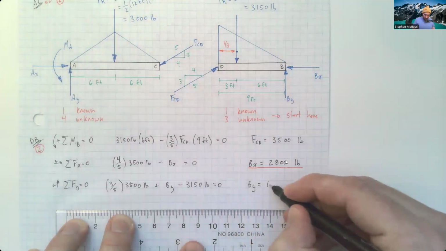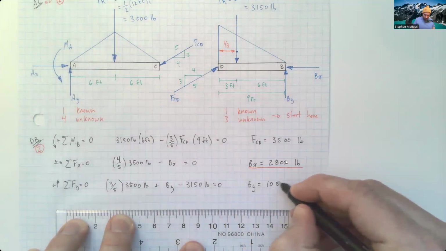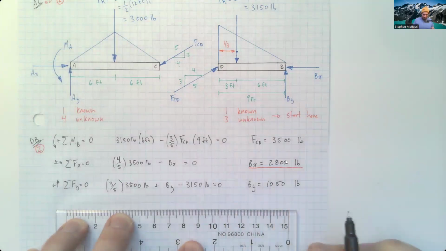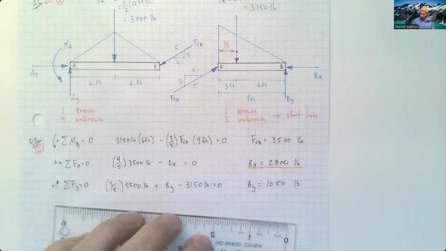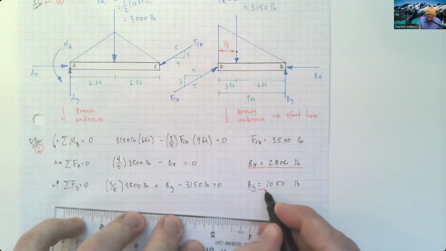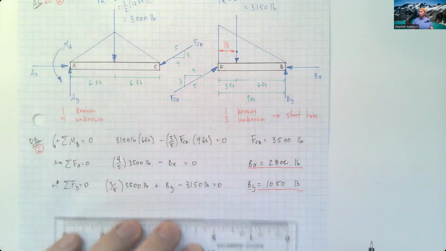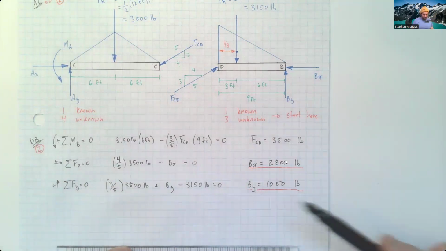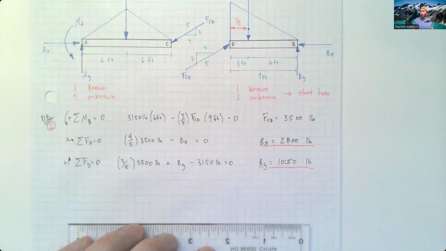BY is 1,050 pounds. Right, so we've solved for 2 of these. So now we can keep going.